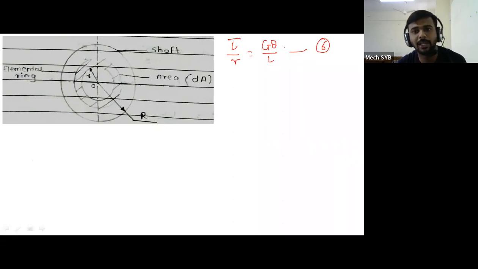That shaft may be solid in cross section, that shaft may be hollow in cross section, but whatever the torque we are applying or developing in the rotating shaft, it is always maximum at the outer periphery. Therefore, the same equation I will write, that is tau upon capital R is equal to G theta by L. That is equation number 6.